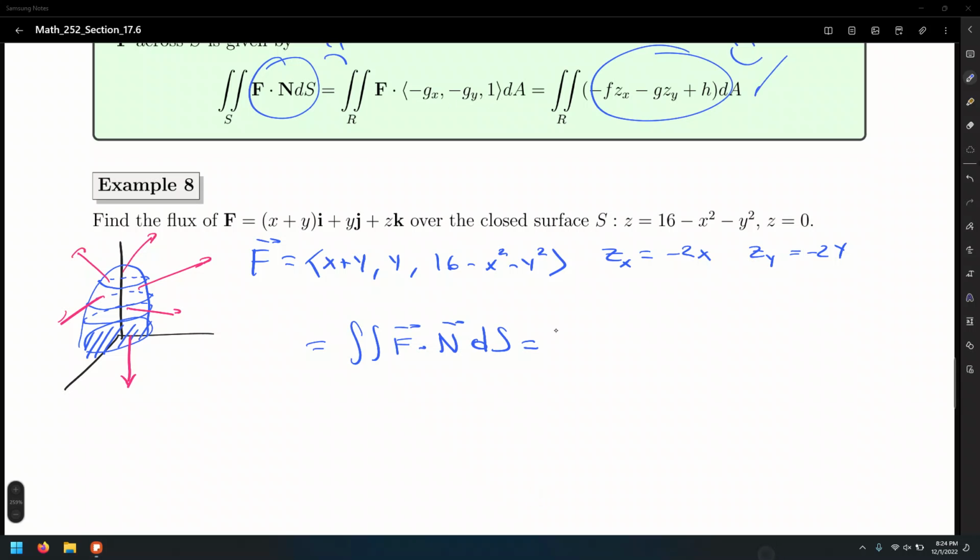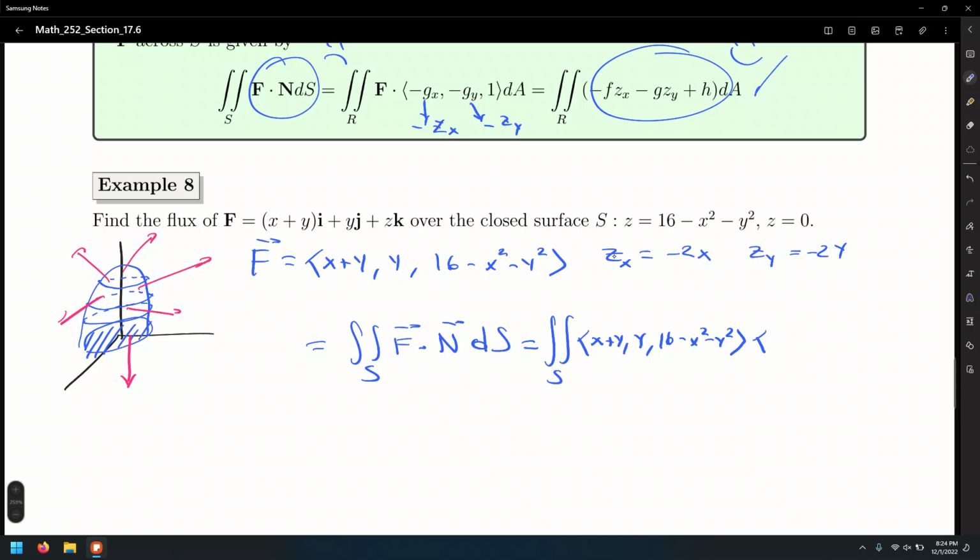All right, so this is going to be the double integral over S of the vector x plus y, comma, y, comma, 16 minus x squared minus y squared. And in this case, this is the vector for which we got the derivative. Careful with the signs: negative z sub x and negative z sub y.